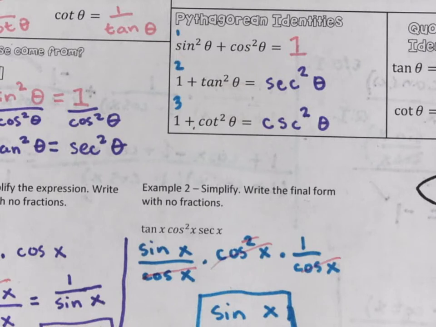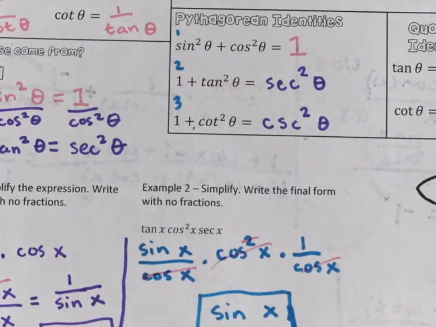Is this not what I have on the other side of my paper? Did these two cancel out? So if I see this, what does this equal? Sine squared. So I can replace this with sine squared. Does that make sense?